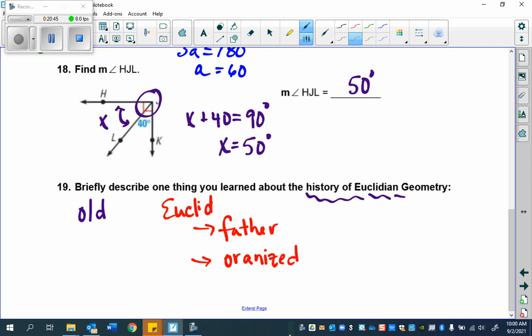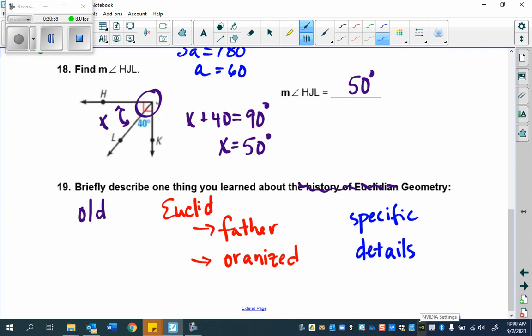You also told me he took other people's ideas. You told me that it was very specific. You told me that we paid a lot of attention to details. And you talked about postulates and givens. In my mind, all those things, you did a great job.